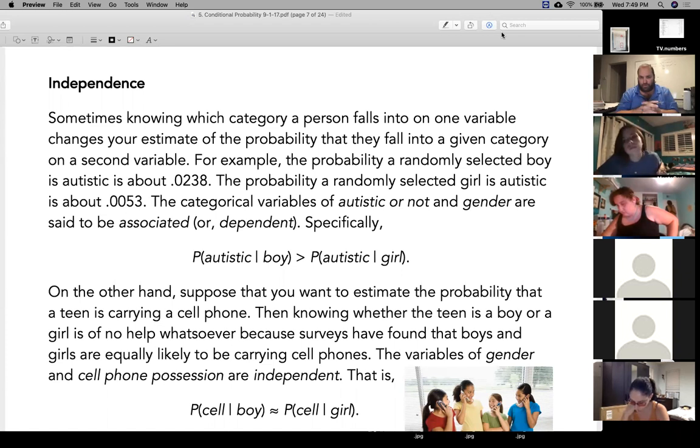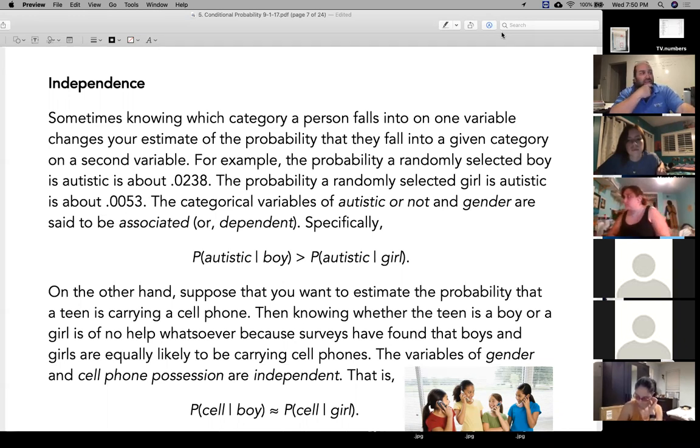For example, the probability that a randomly selected boy is autistic is about 0.0238. This is based upon empirical data. The probability that a randomly selected girl is autistic is about 0.0053. So boys are much more likely to be autistic than girls.